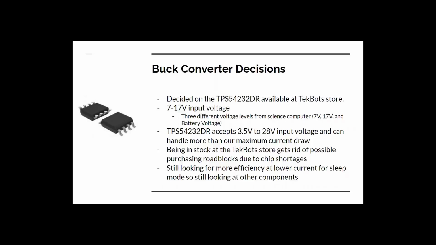The chip can also supply a lot more than our maximum current draw for our board. This chip being in stock at the TechBot store makes it a really attractive option with the global chip shortage. We're still looking at possibly getting a different chip if we can find something that has more efficiency or lower current in sleep modes, but this is a good decision for now.